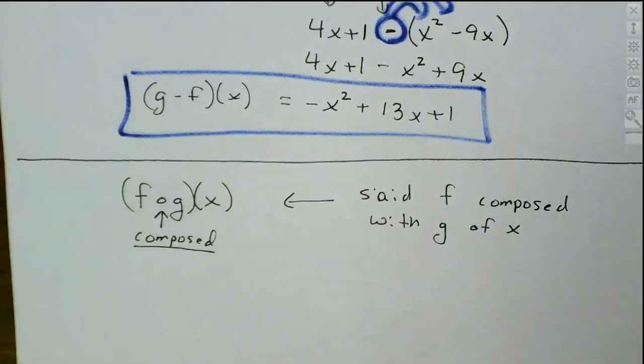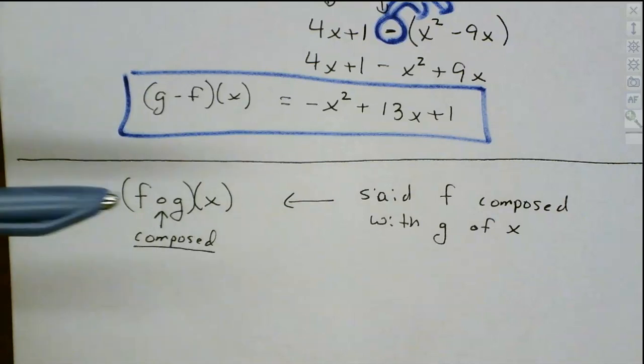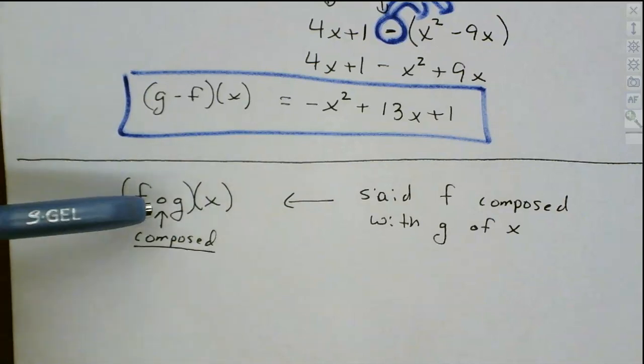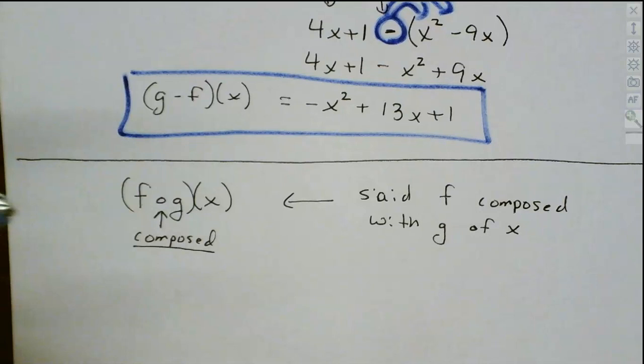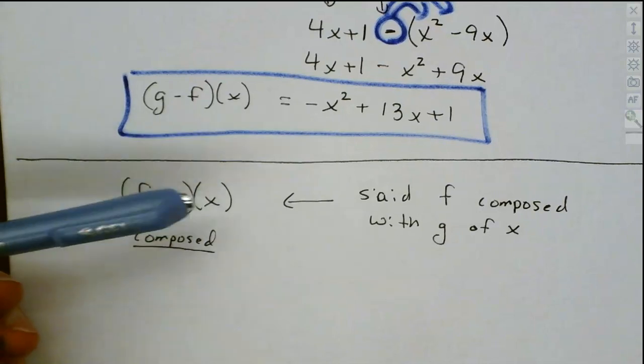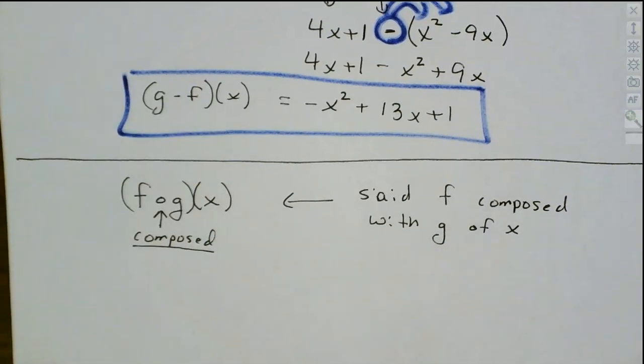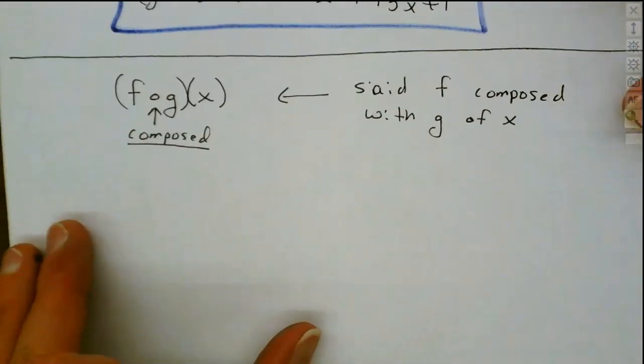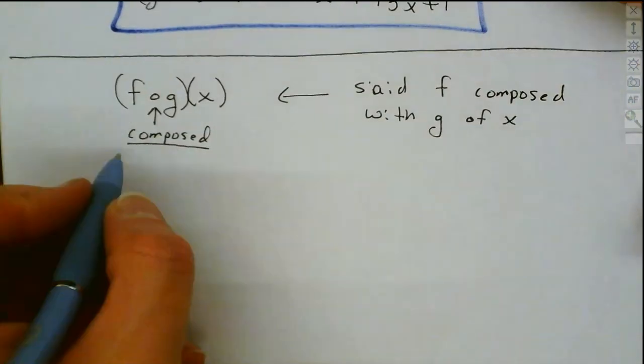And when you compose functions together, you're basically going to splice them together. Okay, so it's kind of like, think about like sewing. They're going to be sewn together. They're merged together. How it's said is f composed with g of x. Now, if this would have been a 5 here, then it would be f composed with g of 5. Whatever's here is of at the end. Now, what is our definition? Here's our definition.